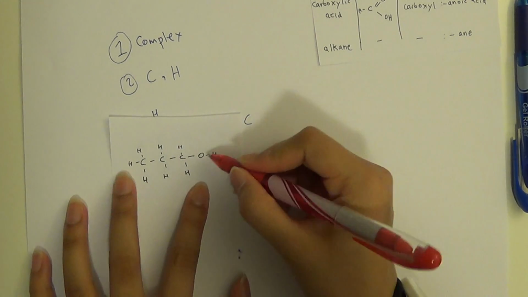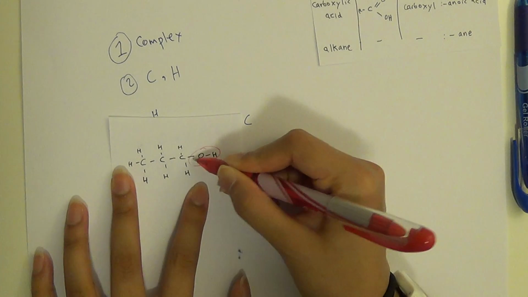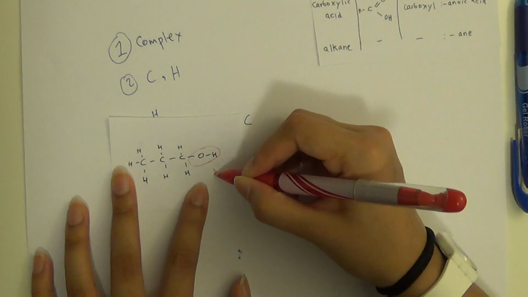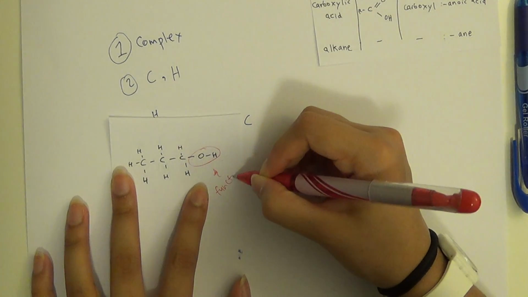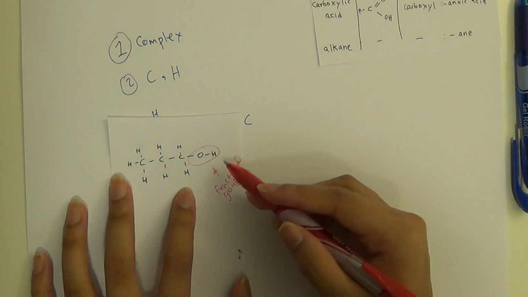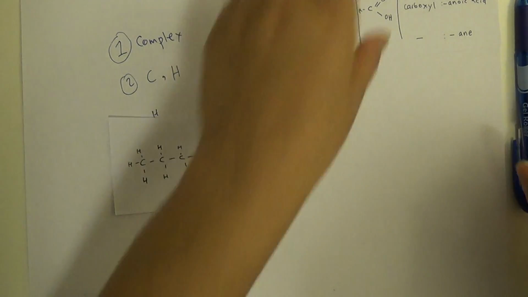So here, we have carbons bonded to carbon, we have carbon bonded to hydrogen all over here, and then here, we have something different. We have a carbon which is bonded to an oxygen, which is bonded to a hydrogen. So this is the functional group. Once you've memorized which groups are which functional group, you'll be able to define the compound.